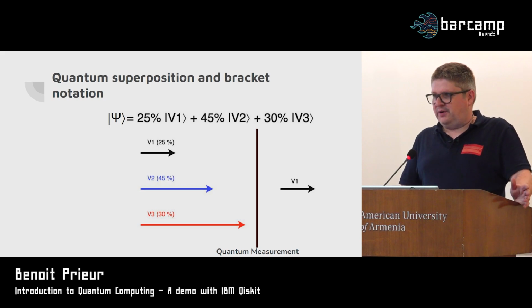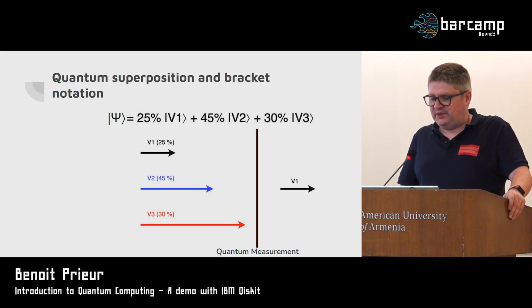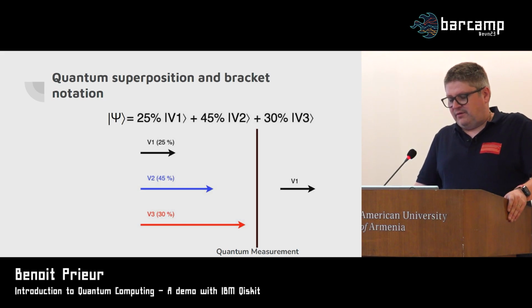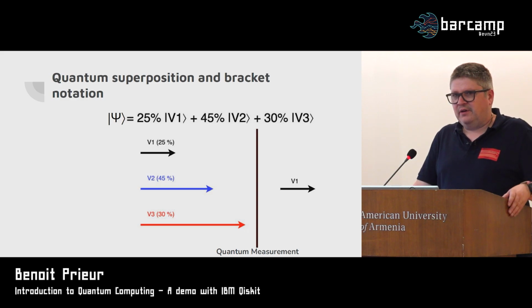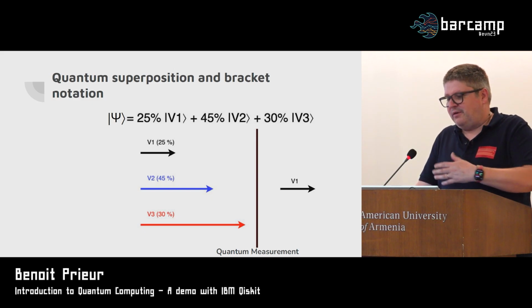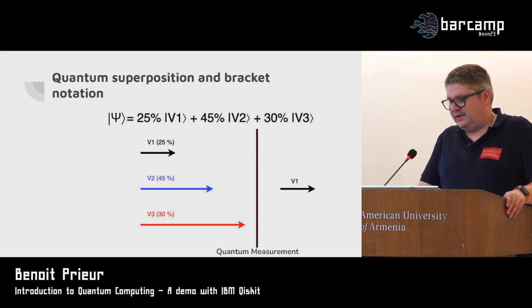In my example, it is speed 1. So we can see superposition as a combination of several values, each with a probability to be the winner of the measure. Here we are in the real world, and here we are in the quantum world.